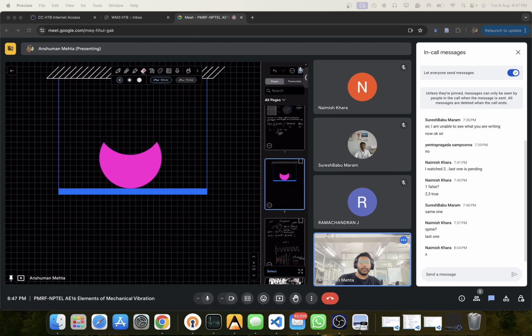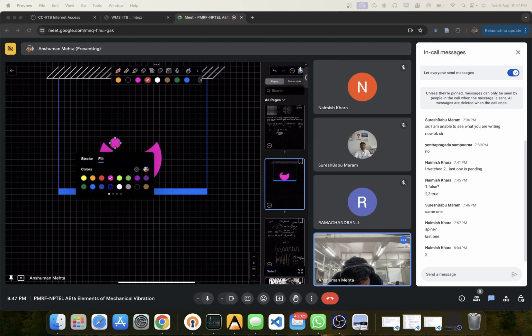This is much better. So this is a bowl, and on this bowl there is one ball.